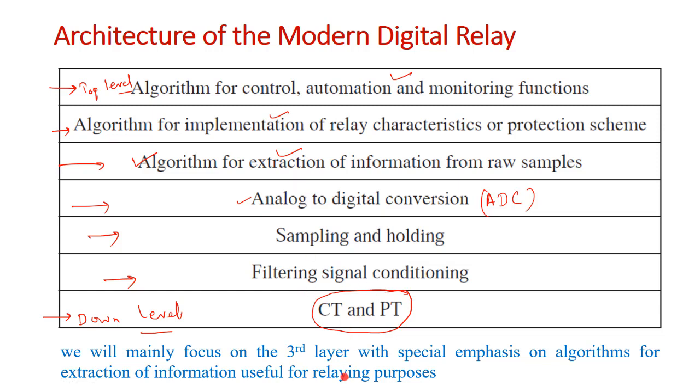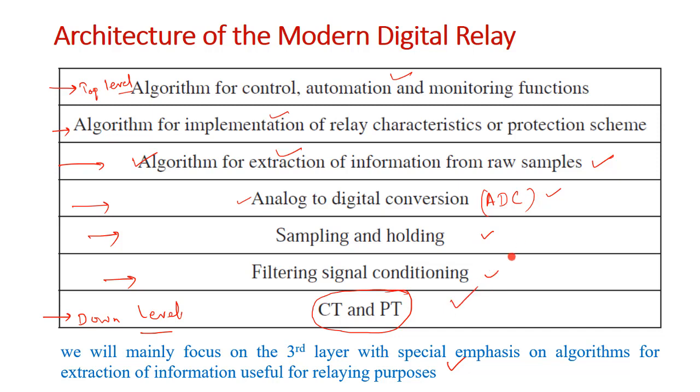We will develop a few algorithms. We will see a few algorithms which are very important, which emphasize how we can extract information useful for relaying purposes. So we will emphasize more in this topic how we can extract information from raw samples. Also we will cover these aspects: ADC, then sampling and holding, filtering.